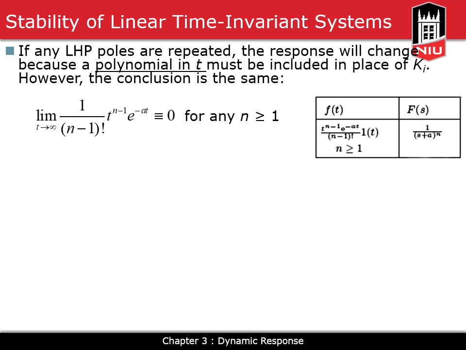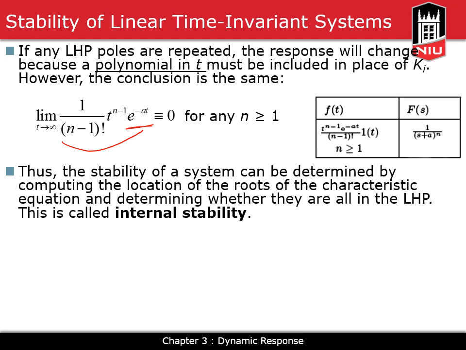So we will have terms like this showing up in the response if there are repeated poles. What matters here is that, again, we have that exponential term. And that exponential term will go to 0 if a is positive. Here we are assuming that the pole is at negative a.